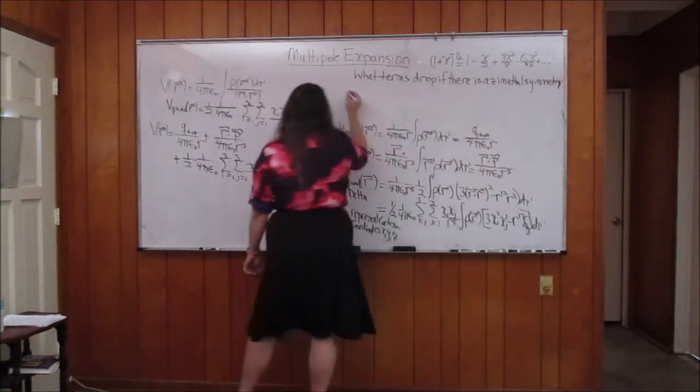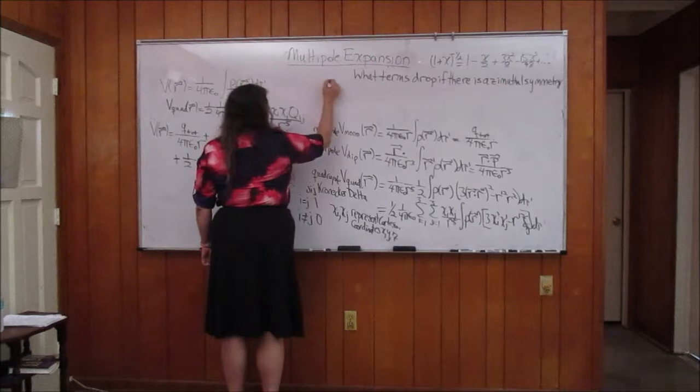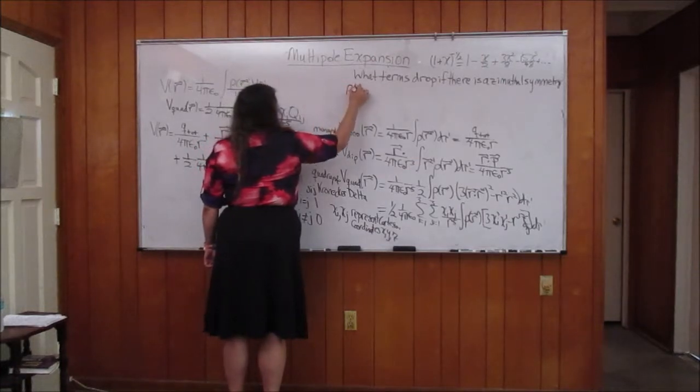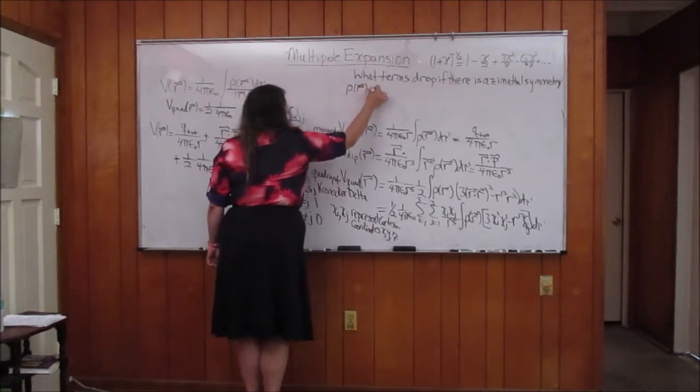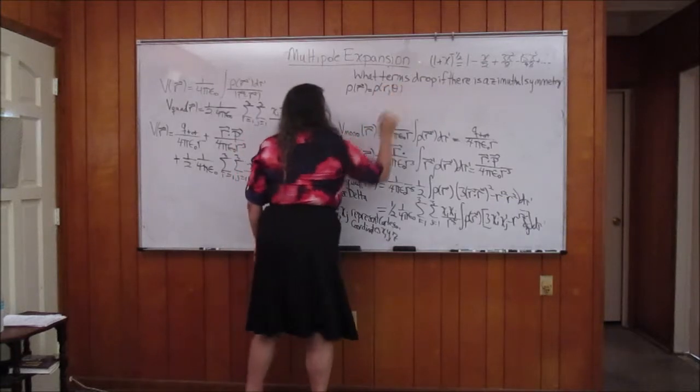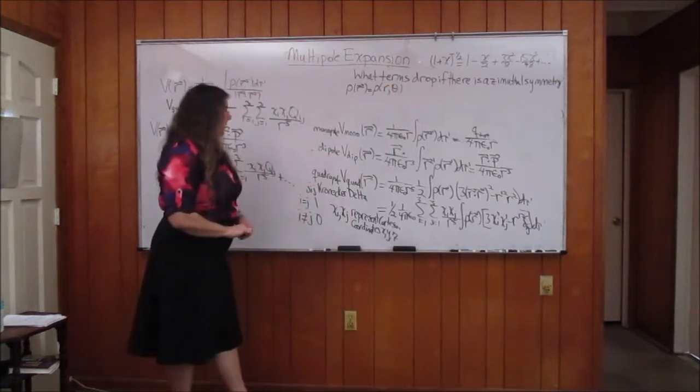So in other words, the charge density only depends on r and theta, doesn't depend on phi.